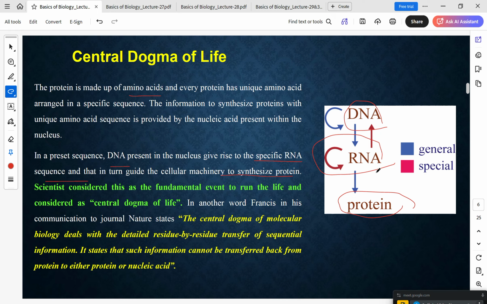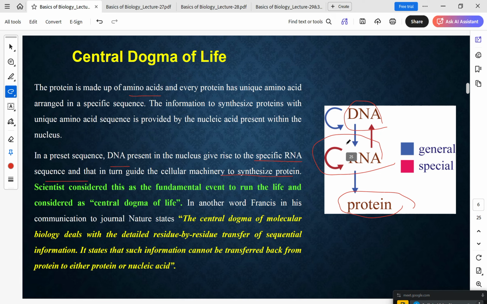Initially, it was assumed that this flow, DNA to RNA and RNA to protein, can be reversed as well, but a lot of experiments have shown that only some of these processes are possible. For example, DNA to RNA is possible, RNA to protein is possible. However, protein to RNA is not possible. RNA to DNA is possible in a very specific circumstance.